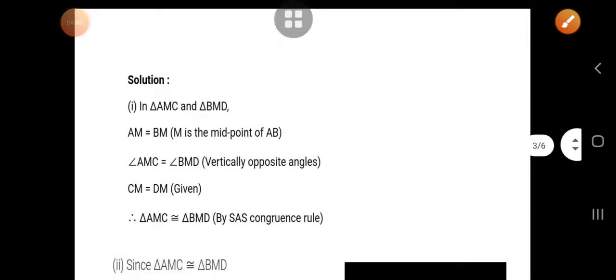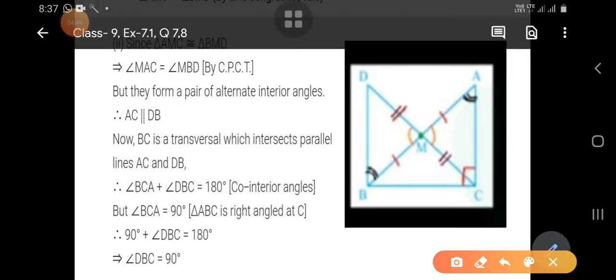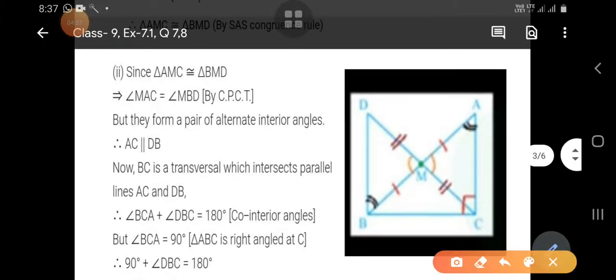Just see the proof of 2. Since triangle AMC is congruent with triangle BMD, which we already proved, we can say that angle MAC, this angle, is equal to angle MBD, this angle.